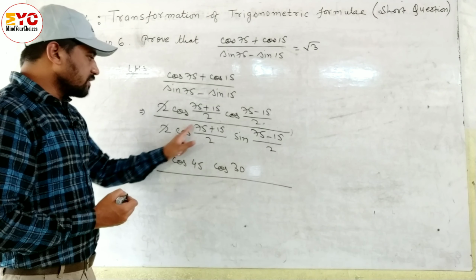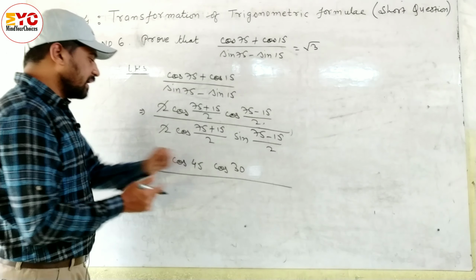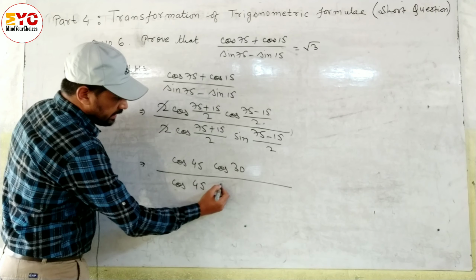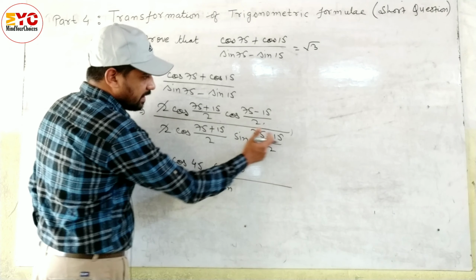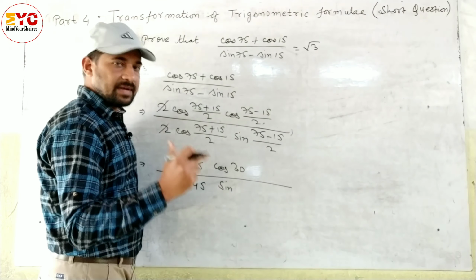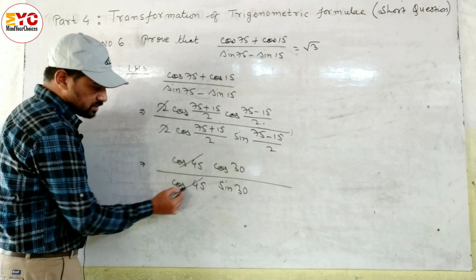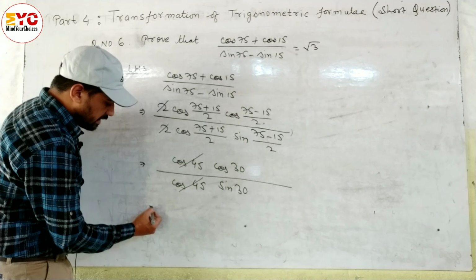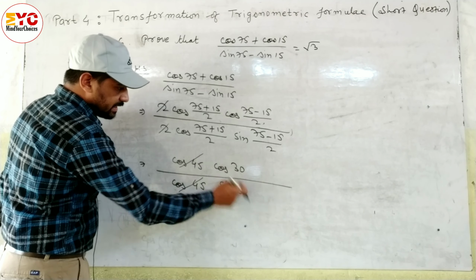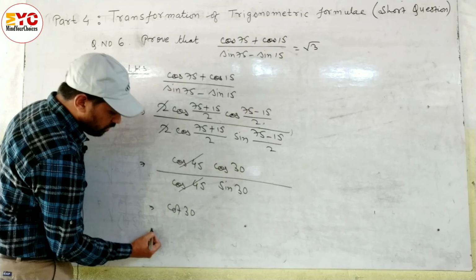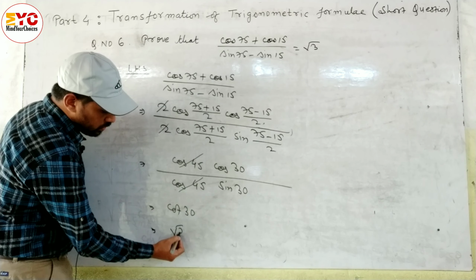Similarly, cos (75 plus 15) by 2 we get here cos 45, and here sine (75 minus 15) is 60, and 60 by 2 we get here 30. Now cos 45 and cos 45 we can cancel. Now remaining here cos 30 by sine 30. Cos 30 by sine 30 means cot 30, and the value of cot 30 is root under 3.